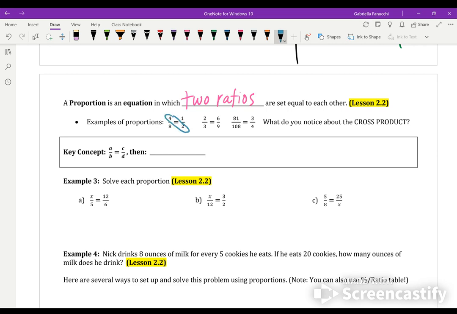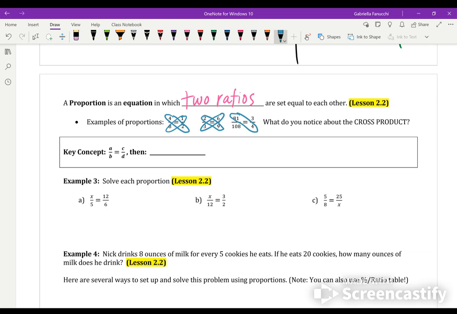4 times 2 is 8. 8 times 1 is 8. 2 times 9 is 18. 6 times 3 is 18. 81 times 4 is going to be... 324.